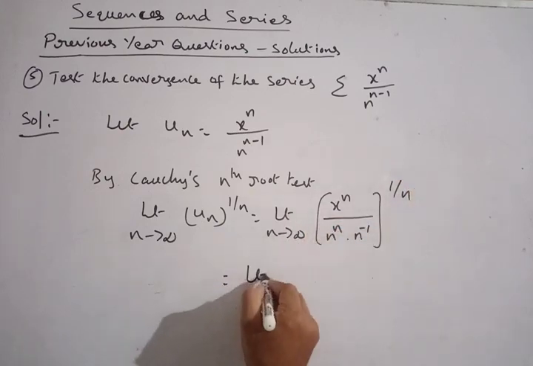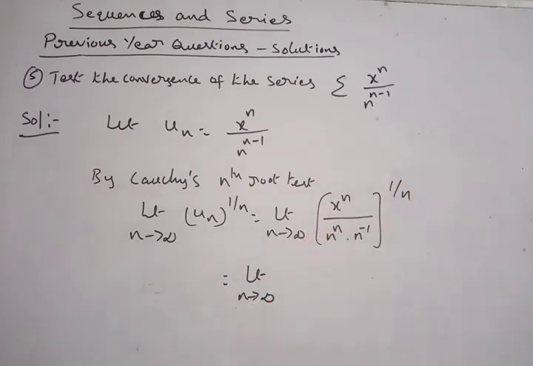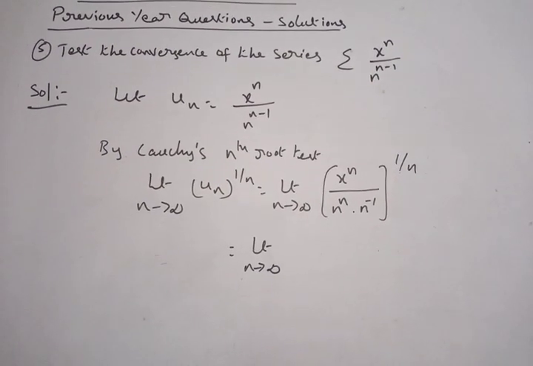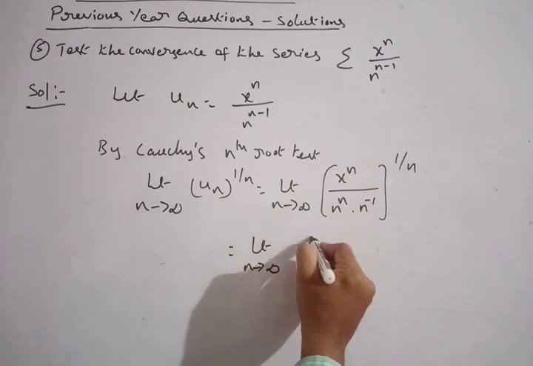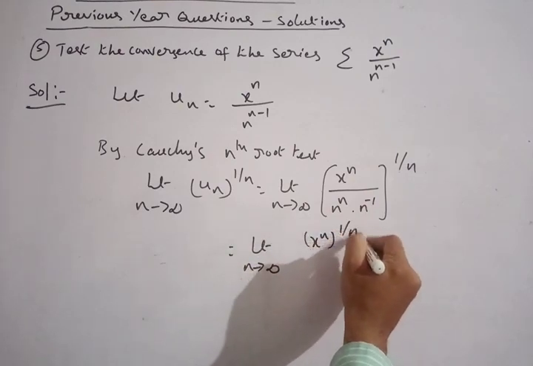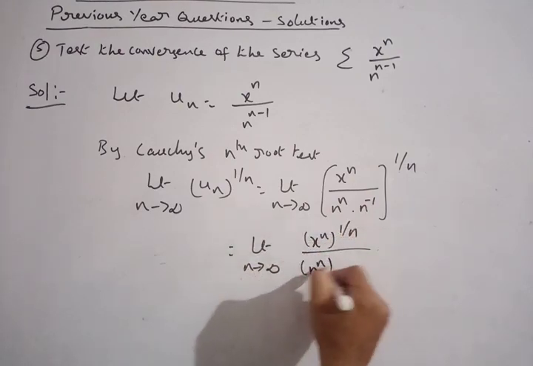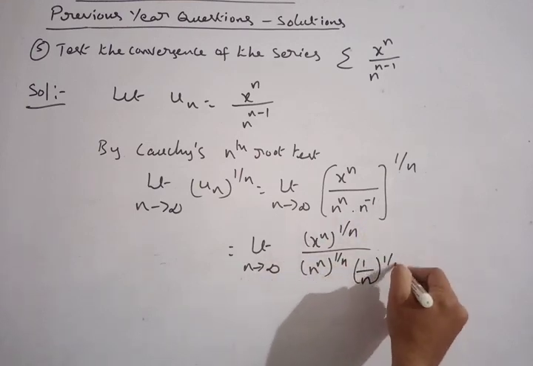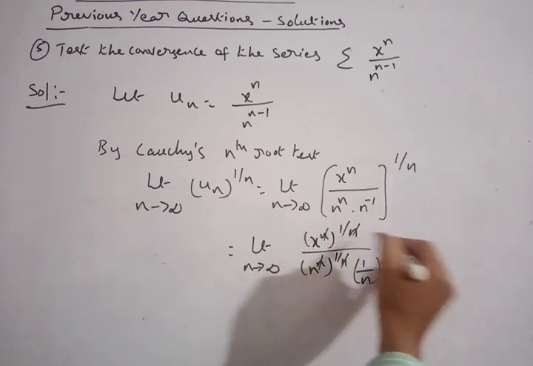That means we separate it. x power n whole power 1 by n is one part, n power n whole power 1 by n is one part, and n power minus 1 is 1 by n, whole power 1 by n. The n got cancelled.